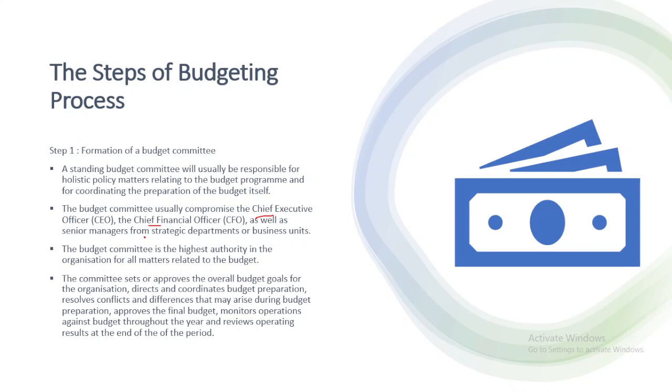And then we're going to have senior managers and middle managers coming in with their department budget, which the CEO, CFO, and the COO will then make sure are still in line with the strategy of the business or the business objective.